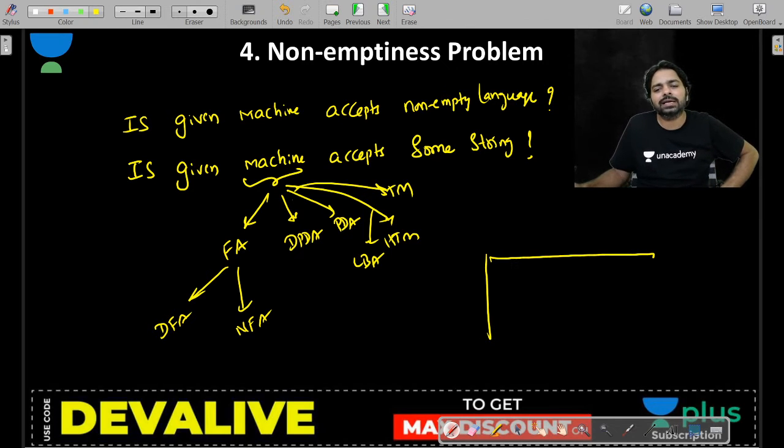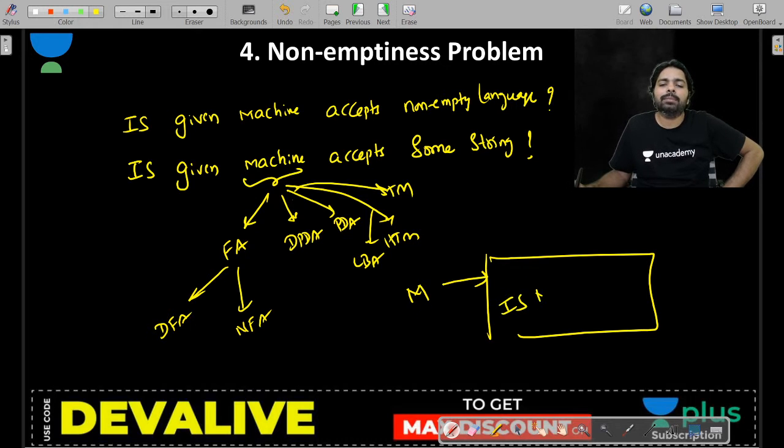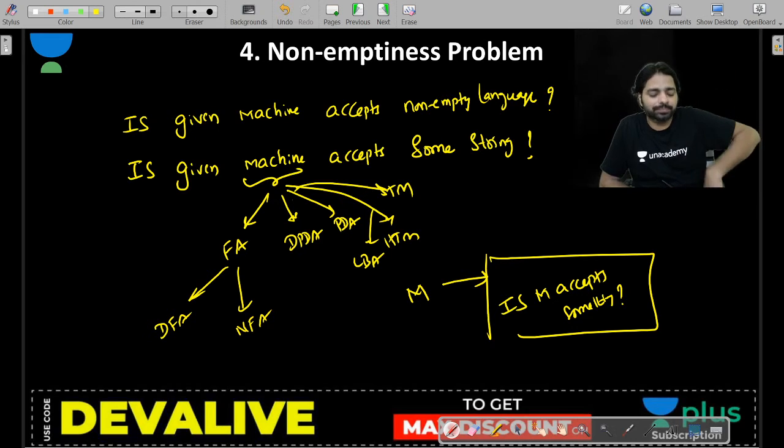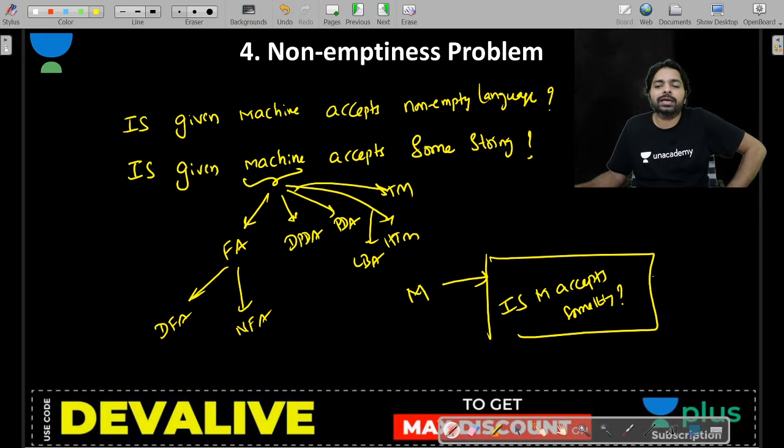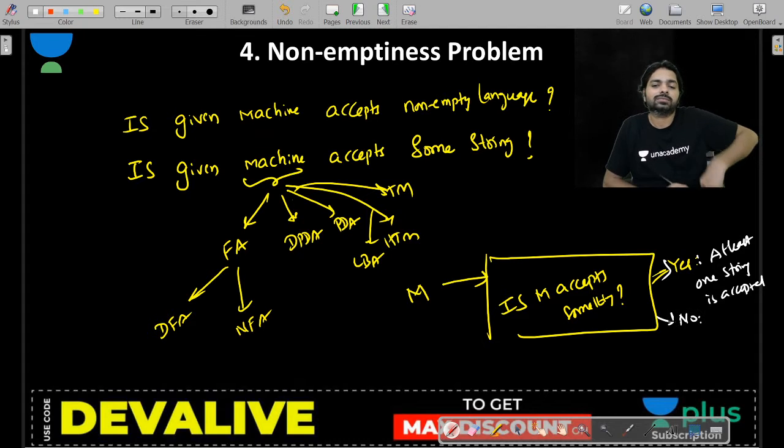If anybody is saying something randomly, guys, suppose M is given. How do I know that M accepts something? Show me there is one string accepted by M. At least one string is accepted. It can be more than that too, no need to verify. No means: does M accept something?